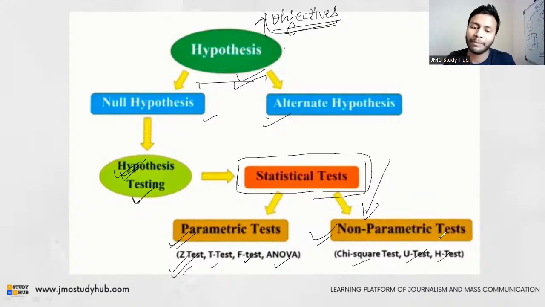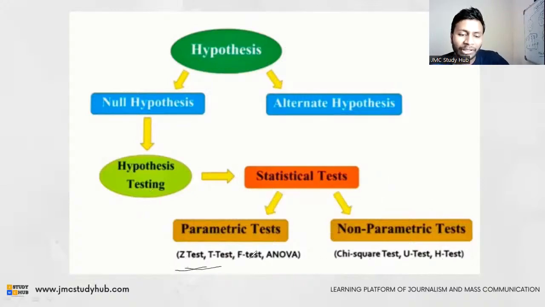Okay, so what is very important for the exam here? They will give you, for example, the T test, and you have to tell whether it is non-parametric or parametric. The T test is an example of a parametric test. Similarly, they will ask whether ANOVA is an example of parametric or non-parametric.